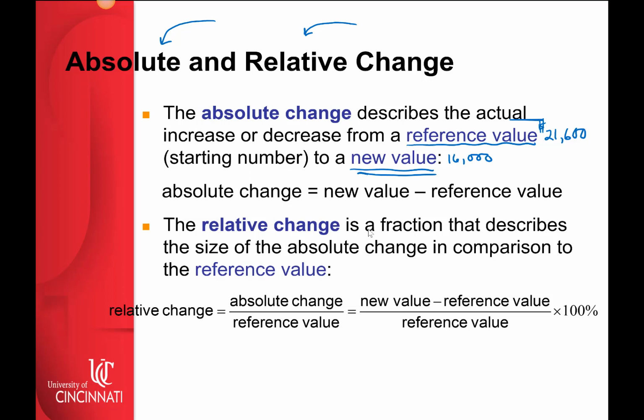To do that, here we go. You take the new value minus the reference value. Well, we know what that is. That's a negative 5,600. And you divide it by the reference value. Why do you use the reference value and not the new value? Because we started somewhere and we've changed, haven't we?